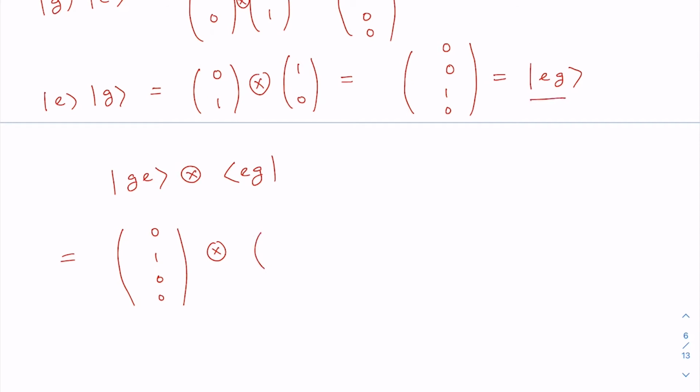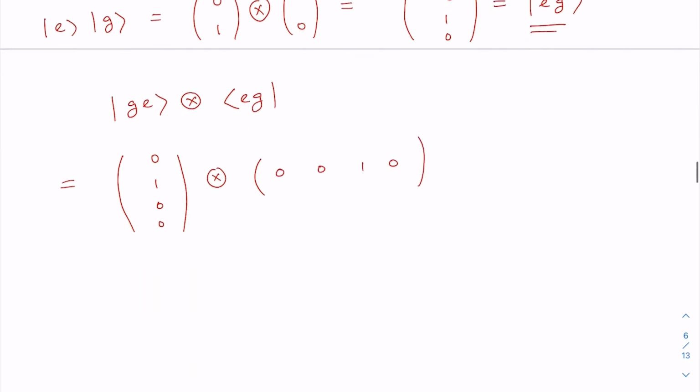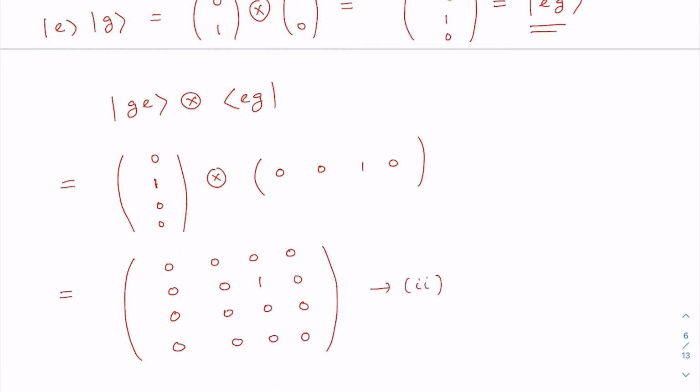Ket 10 we know, so bra 10 would be 0 0 1 0. So if I do the maths, I will get here 0 0 0 0 0 0 1 0, because 1 is sitting there, and here I will have 0 0 0 0 0 0 0 0. So let me say this is my equation number 2.